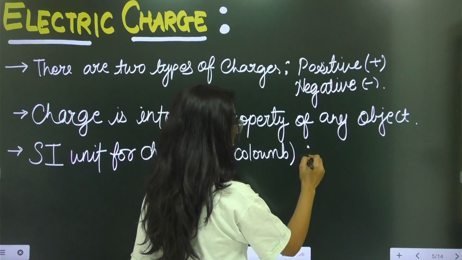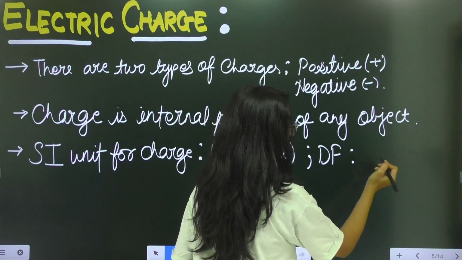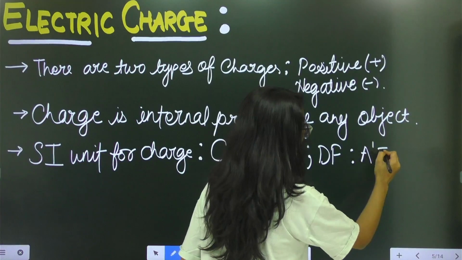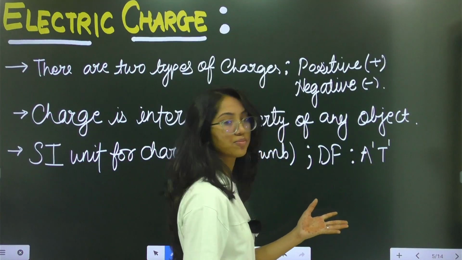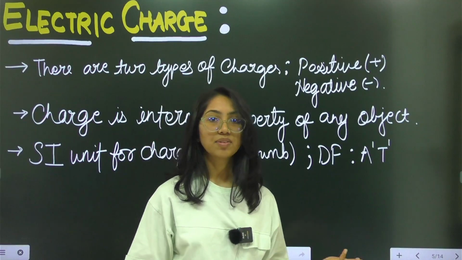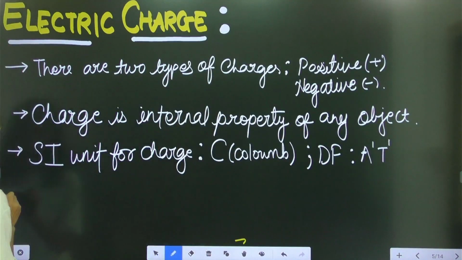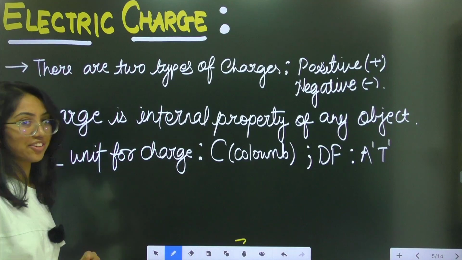And the dimensional formula for Coulomb is A1 T1. It comes from the Q equals to IT formula, which is something that you have learned already in the 10th class. Okay?